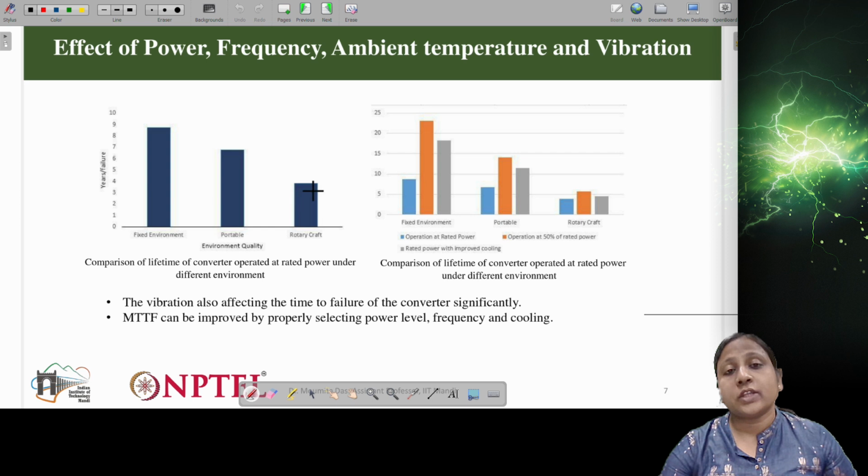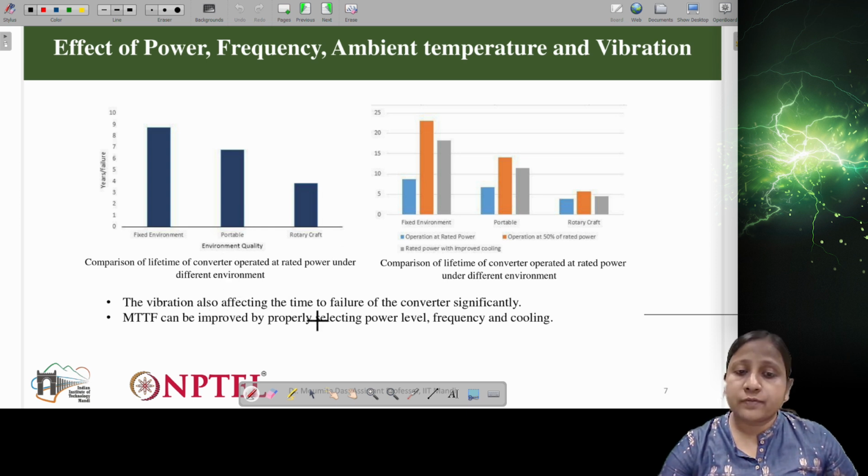The third one is the rotary craft, particularly aircraft applications. As you can see, in the fixed environment the number of years it will be able to sustain is much higher than that of the rotary craft. This is the comparison of lifetime of a converter operated at rated power under different environmental conditions.